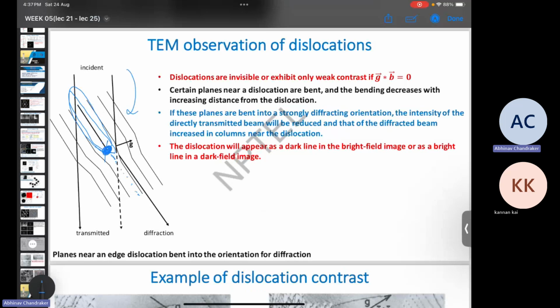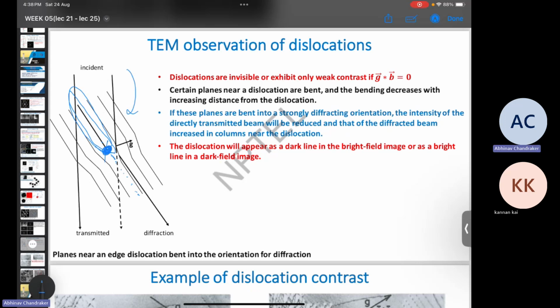I hope you now have some sense of what a dislocation is. If you are from a material background, then you might already know, but if you are not, then I hope that my basic description was enough to get a sense of what these are.